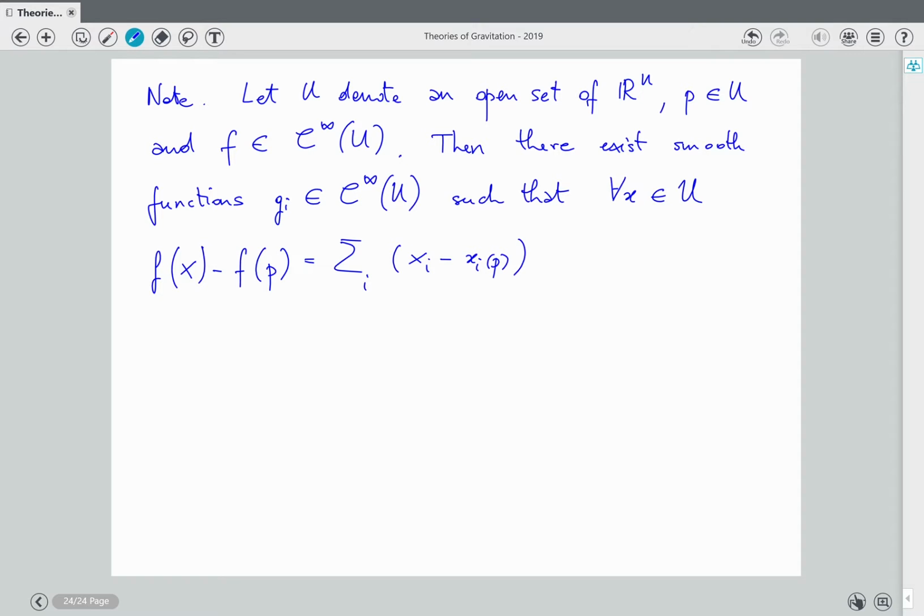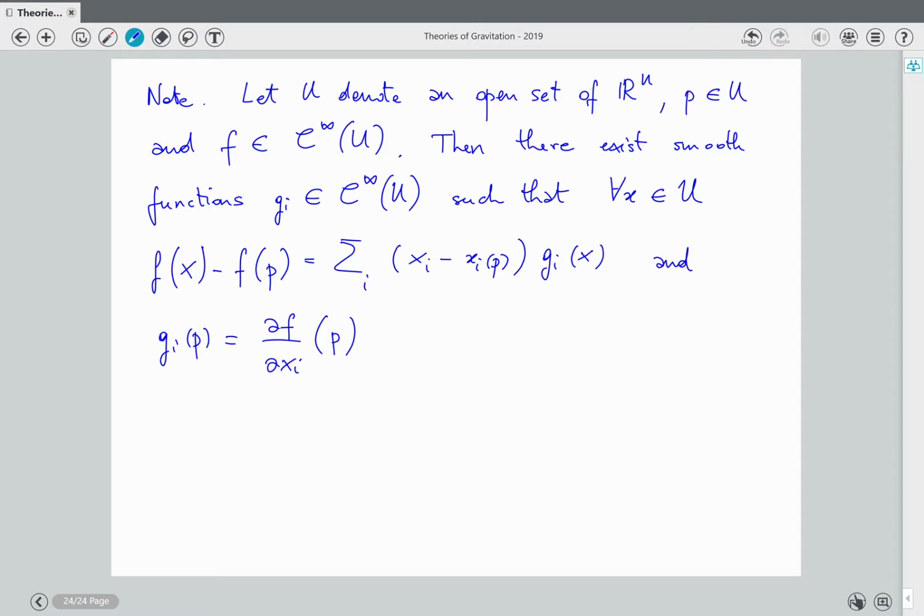The sum on i of (x_i minus p_i), the coordinates calculated in P, times these functions g_i of x. So they are not like the first derivatives, they are functions. They are not the first derivatives calculated in P, but they are more or less related. Indeed, the second property is that these functions g_i calculated in P coincide with the partial derivatives of the function f calculated in P.